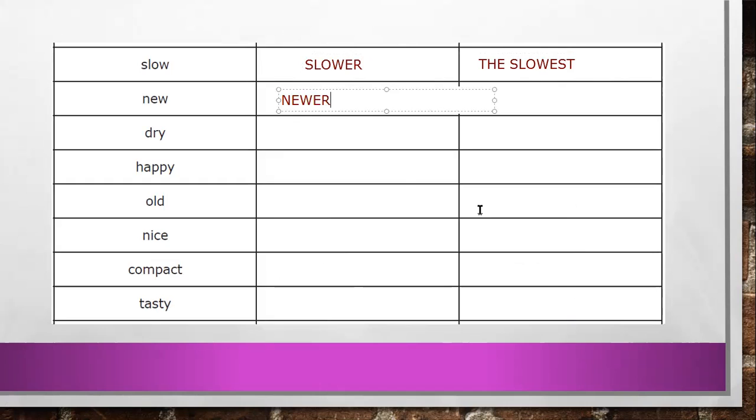Okay. And superlative, newest. The newest. Very good. Okay. Dry, drier. Exactly. Okay. And the superlative would be driest. The driest. Very good. Okay, here we go.